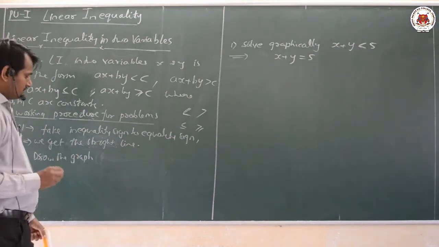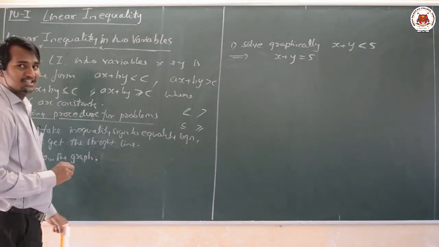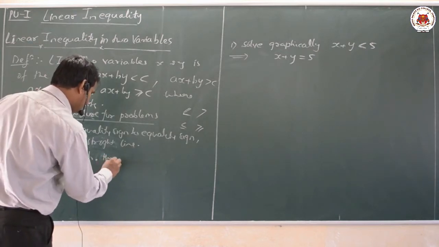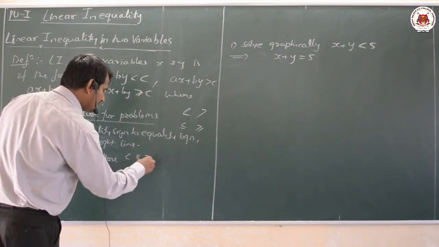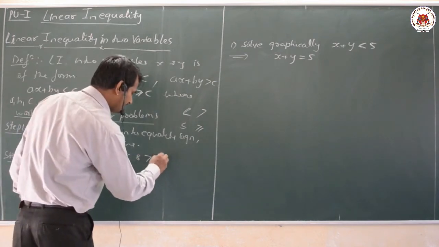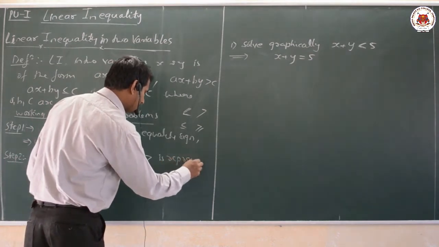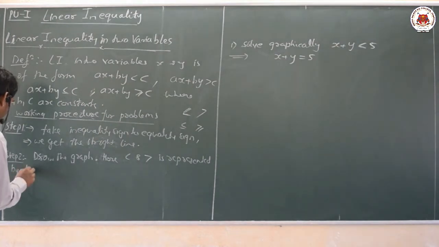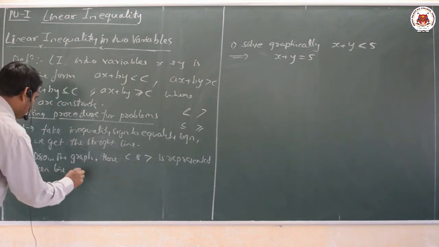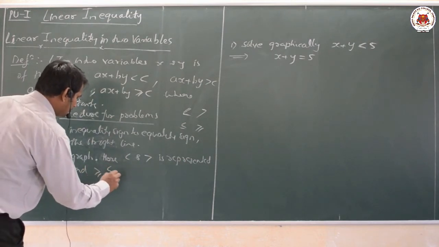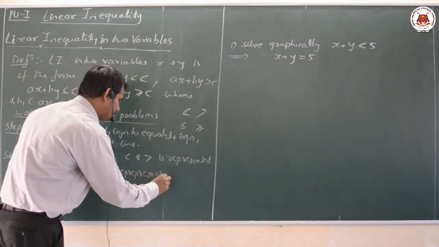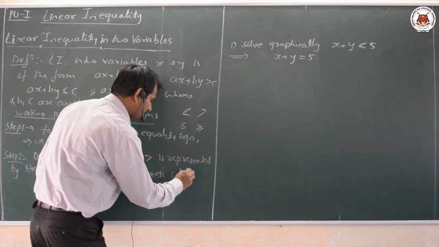After drawing the graph, less than and greater than are represented by a broken line, and greater than or equal to and less than or equal to are represented by a solid line.